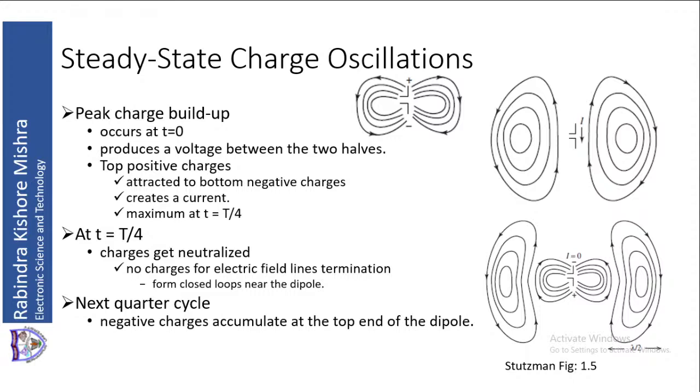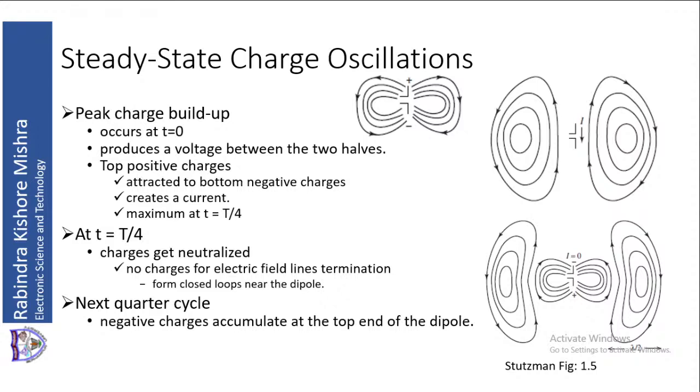So here we have started 0 at minus T by 4, therefore the maximum will occur after a time of T by 4 minus T by 4 plus T by 4, which gives you 0. Therefore, the peak of charge will build up when small t is equal to 0. So, we started at small t equal to minus T by 4. Now, small t is equal to 0.